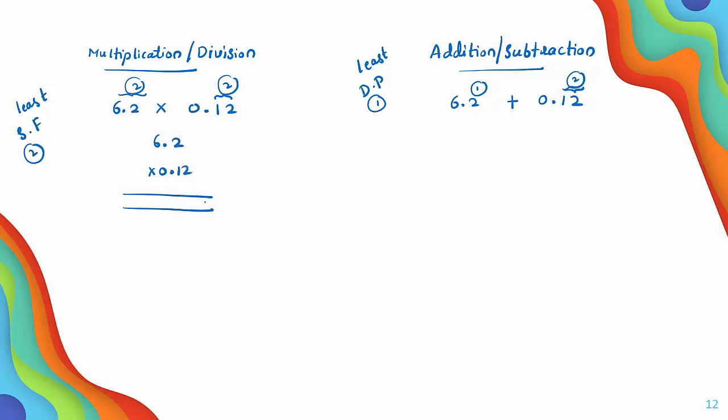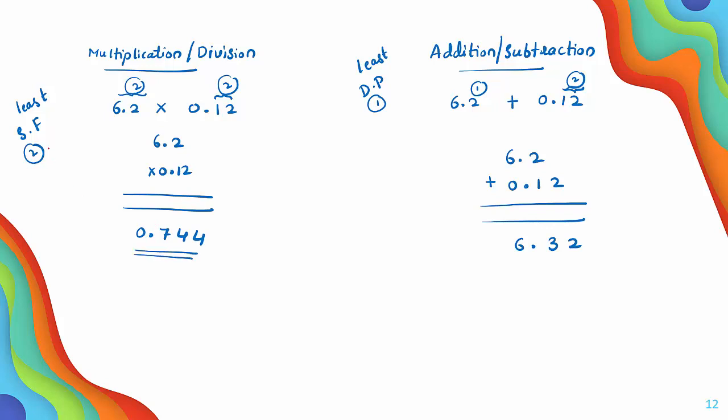What is the final answer? I get the final answer as 0.744. Here, I am going to add these two numbers, 6.2 plus 0.12. After adding these two numbers, I get the answer 6.32. Right? Now, after multiplying these numbers, the final result should contain only 2 significant figures.